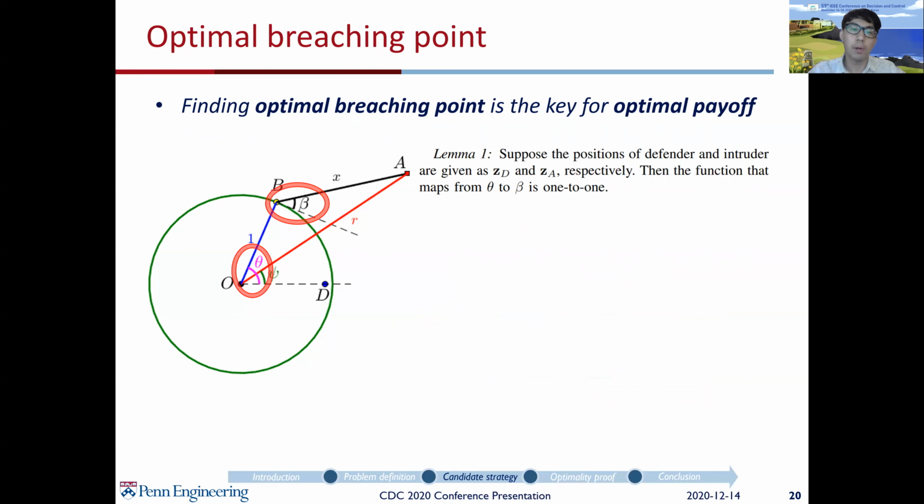And finding the optimal breaching point is the key for optimal payoff. So we will try to find that optimal breaching point by relating the variables beta and theta, which are defined by the marked angles shown here.